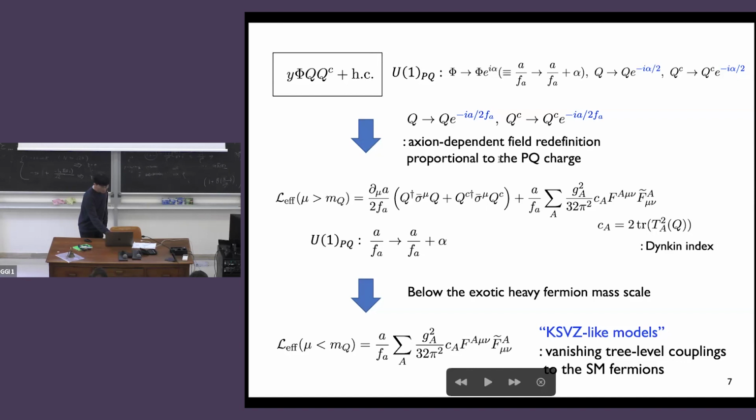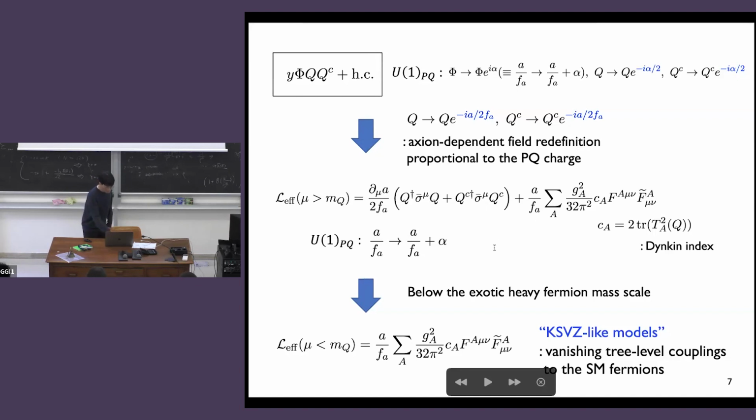And this can be done by redefining the involved fermion field by an axion-dependent field redefinition, whose exponential argument is proportional to their Peccei-Quinn charge. And then in this redefined field basis, this new fermion field becomes a singlet under Peccei-Quinn symmetry, and the Peccei-Quinn symmetry is non-linearly realized by the shift of the axion field alone.